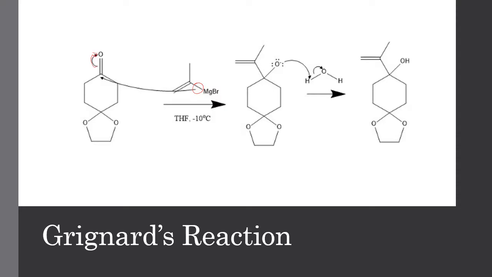We're going to end up with a negatively charged oxygen here. And this group here is from the Grignard. And then we just want to protonate the oxygen with water, and we end up with this intermediate.